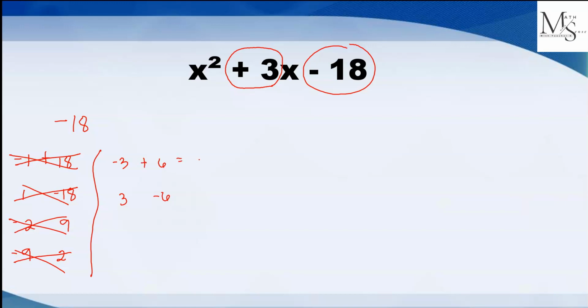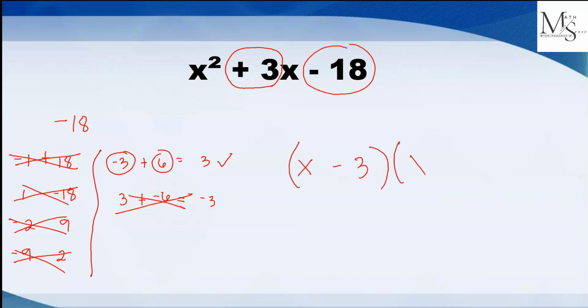Negative 3 plus 6 is positive 3, so we can use the factors negative 3 and positive 6. Now 3 plus negative 6 is negative 3, so we cannot use these factors. So we can only use the factors negative 3 and positive 6. Hence the factors of the general trinomial would be x minus 3 and x plus 6, using the factors of negative 18.